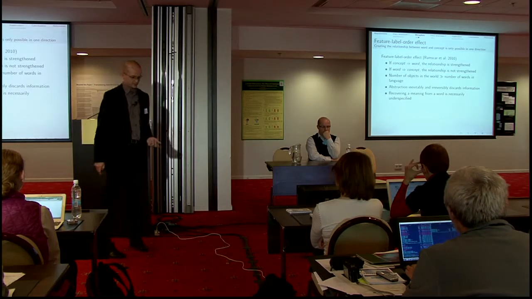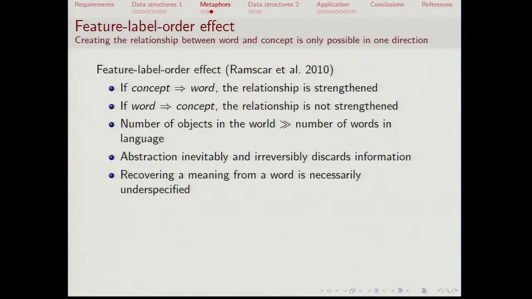Based on the previous, to move to more concretely language-related or language acquisition-related studies, there is a thing called the feature label order effect, by Michael Ramscar and a group of people.